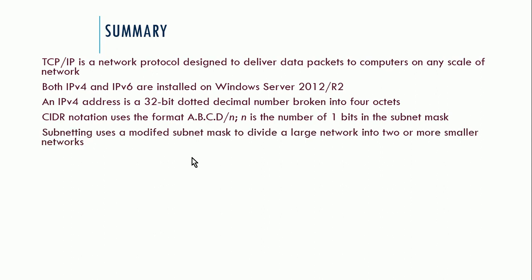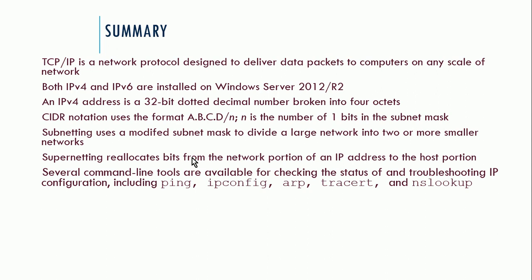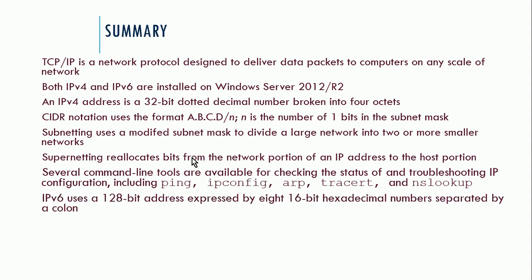We talked about subnetting in IPv4 addresses. And we talked a little bit about supernetting, which isn't as common, but that's where you combine different subnets to make a supernet. We talked about some of the command line tools that we can use for debugging and for testing IP connectivity.